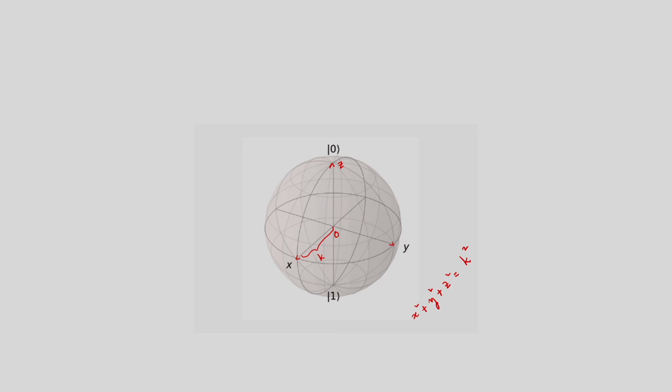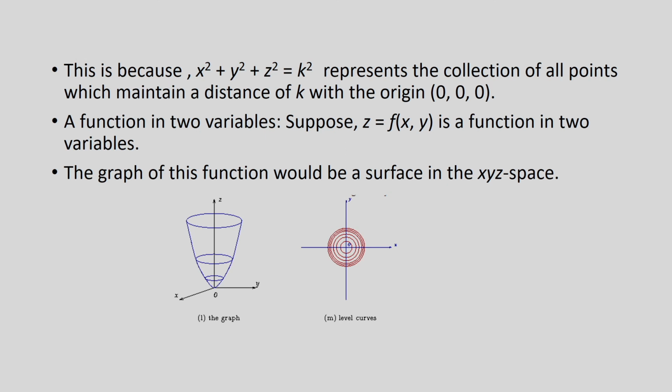Now, what is the argument for why we are claiming that if you have this equation, then the corresponding figure or graph in 3 dimensions will be a sphere? This is because x square plus y square plus z square is equal to k square represents the collection of all points which maintain a distance of k from the origin 0, 0, 0.